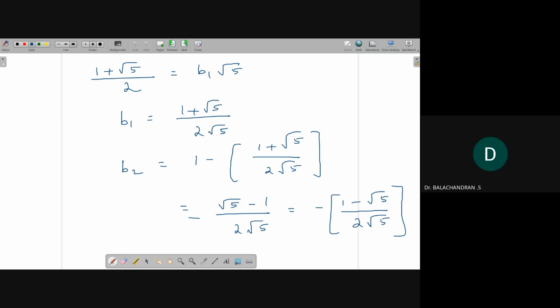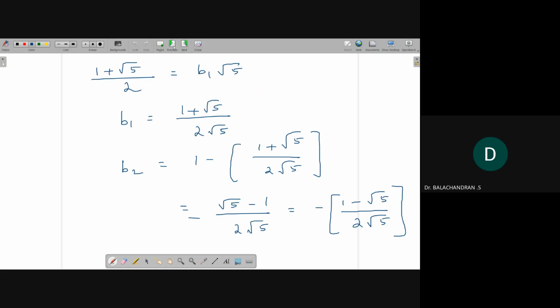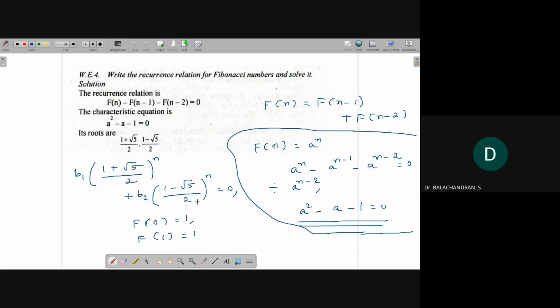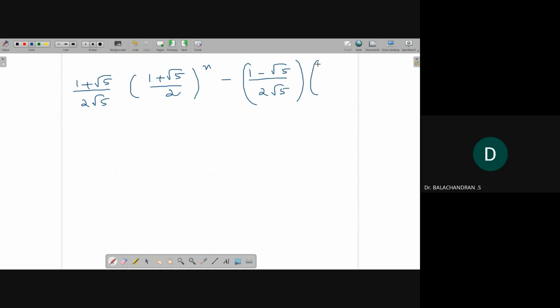And then b2 is minus (1 minus root 5) by 2 root 5, into ((1 minus root 5) by 2) whole power n.